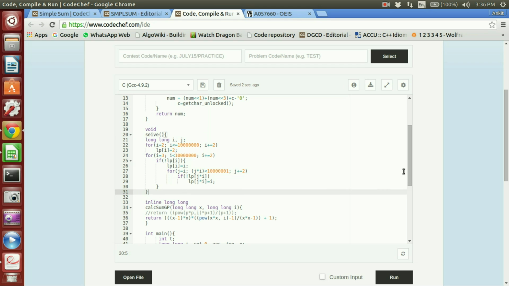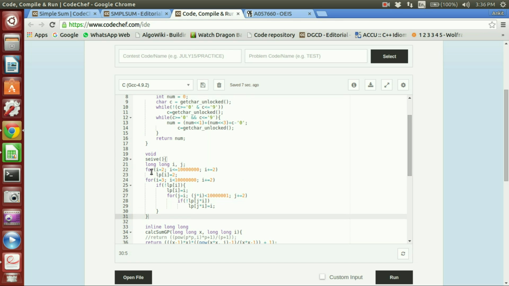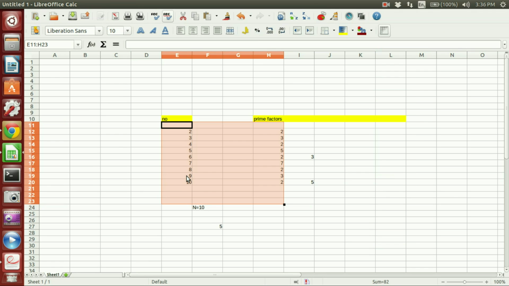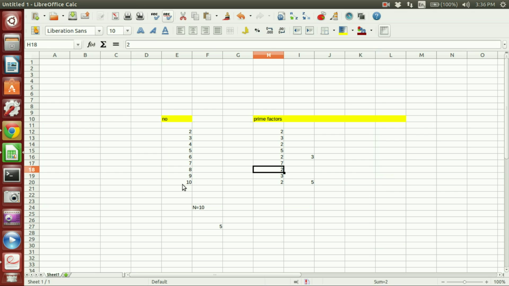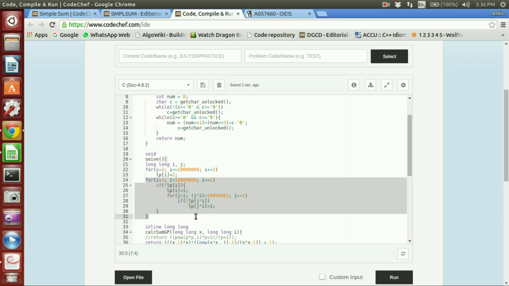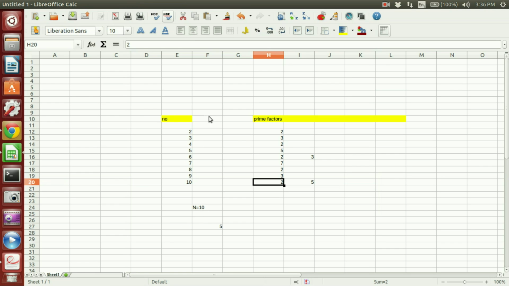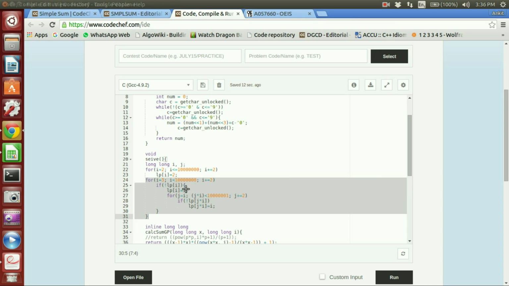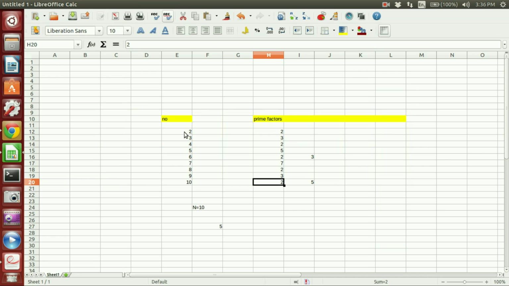So this function is giving us that array. Let's understand how we are performing the operations. It is clear that all the even numbers would be having their smallest prime factor as 2, right? For 10 it is 2, 8 it is 2, 6 it is 2. So for all even numbers it is 2, and for all other numbers we would go from the lowest number up till 10 raised to 7, and if that number is not set, so after setting all the even numbers we would go here. 3 is not set yet, right?